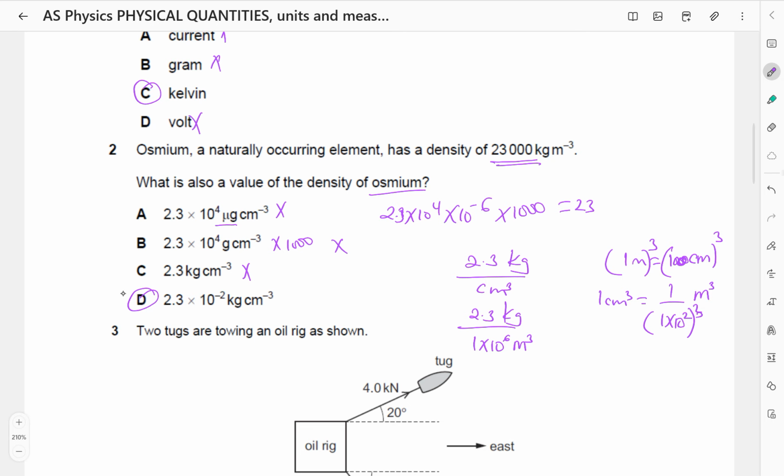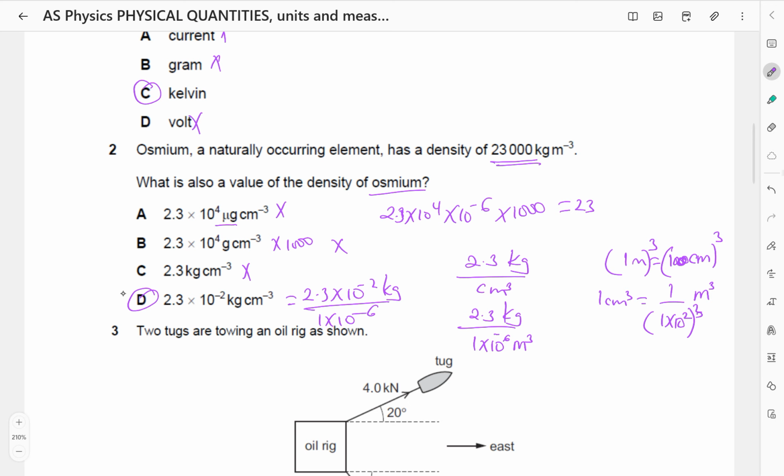We can check. This one is going to be 2.3 times 10 power negative 2 in kilograms over 1 centimeter cubed, which is actually 1 times 10 power negative 6, because 1 centimeter cubed is 1 over a million, so that is negative 6.